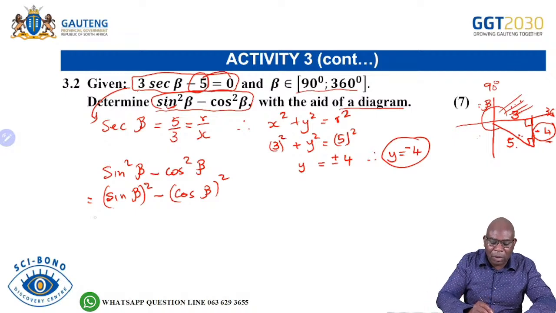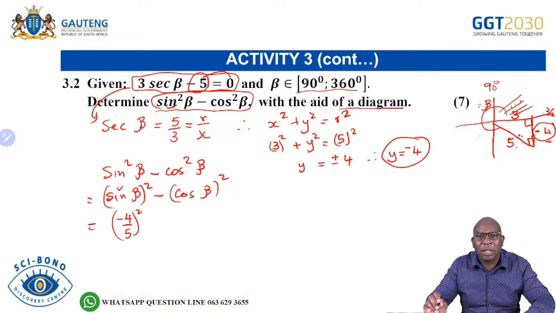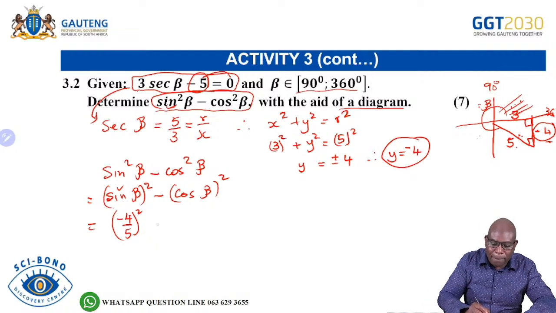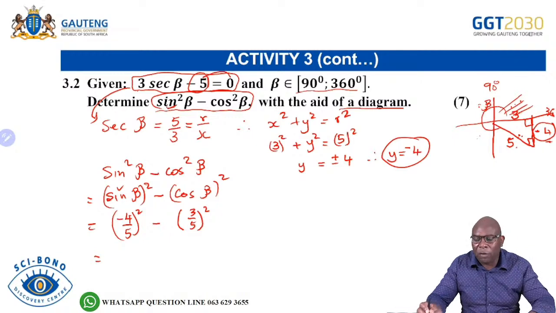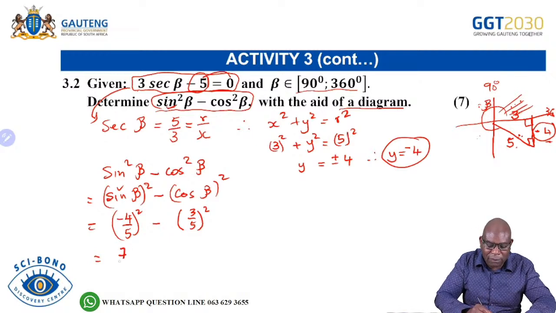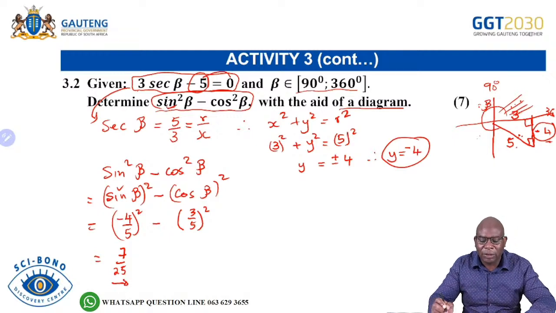That's incorrect. Once I put negative 4 over 5, I no longer put the ratio. The ratio is already done. Minus the cos, which is given somewhere, it's going to be 3 over 5 squared. Then from here, take out a calculator, punch this in, then get to the answer, which is going to be 7 over 25. That's the final answer.